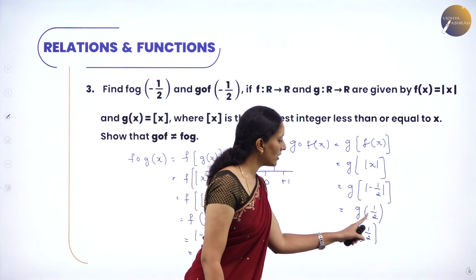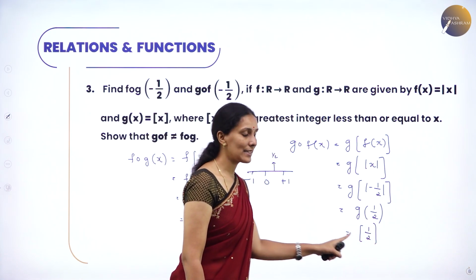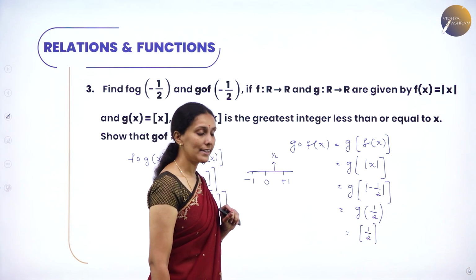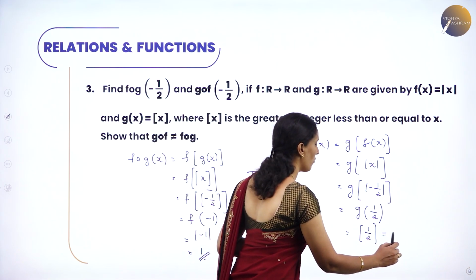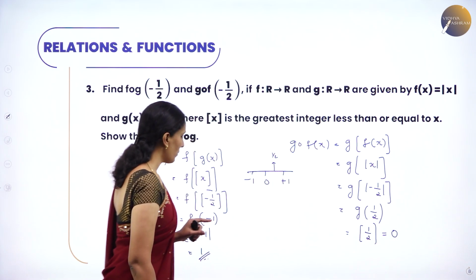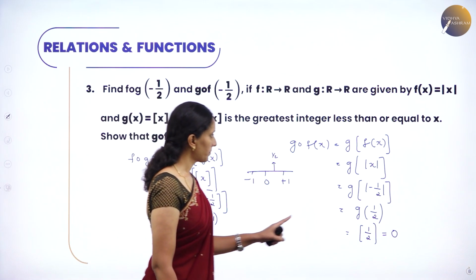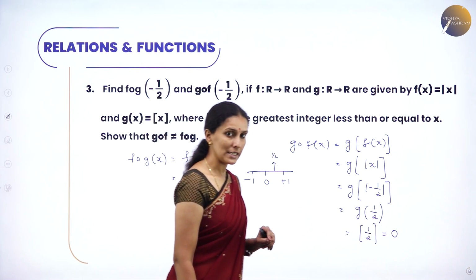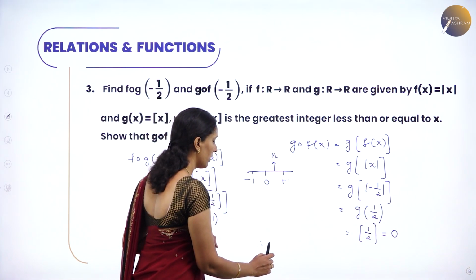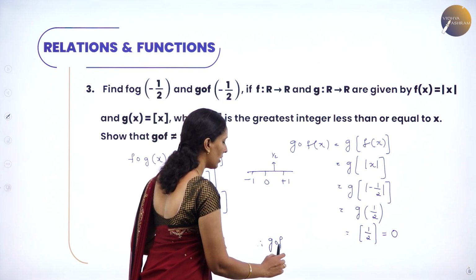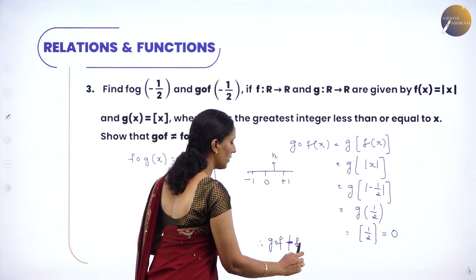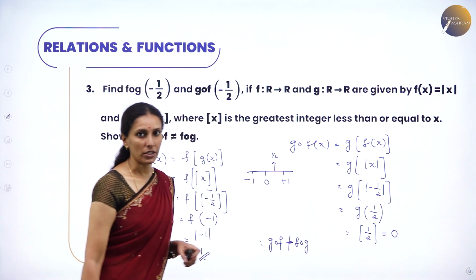So the greatest integer which is less than this number, clearly it is 0. Therefore the value of this is 0. Now you can see here the value is 1, and here the value is 0. Clearly we can write g∘f is not equal to f∘g.